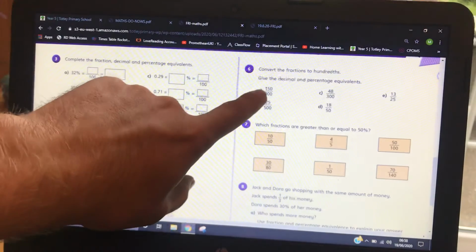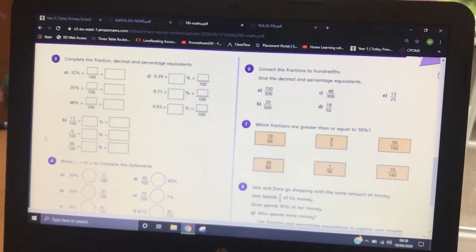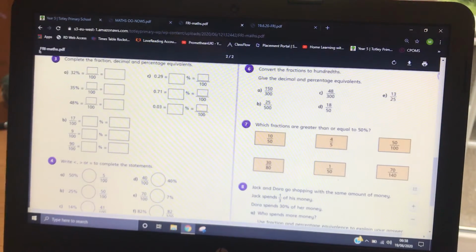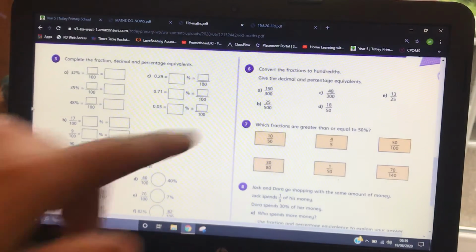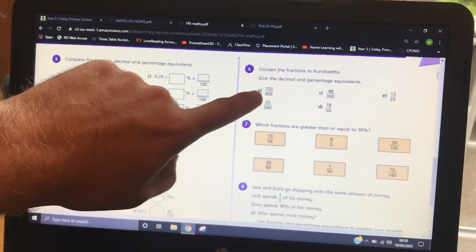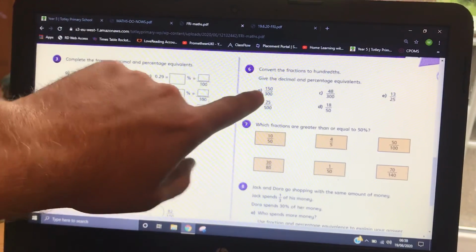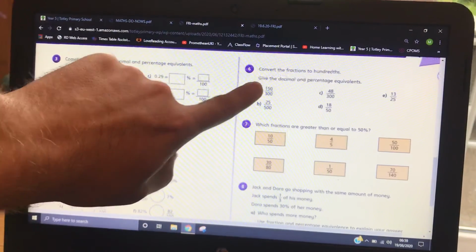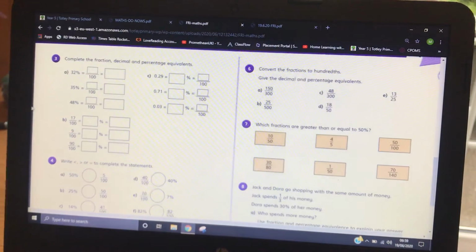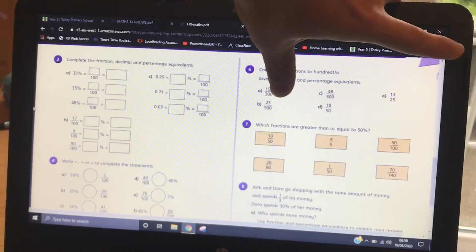So the thing you do here is you just do what we've been doing in our fractions. How do you get it to 100? So this first one here is 300. Well, you divide that by 3, don't you, to get to 100? So if you divide that by 3, you divide the top one by 3. So what goes into 15 3 times?